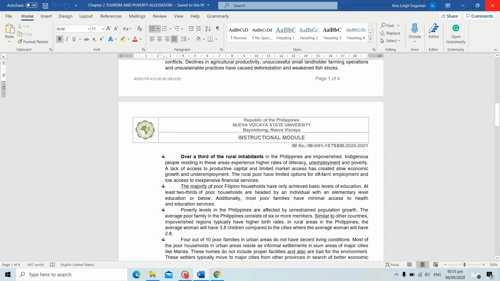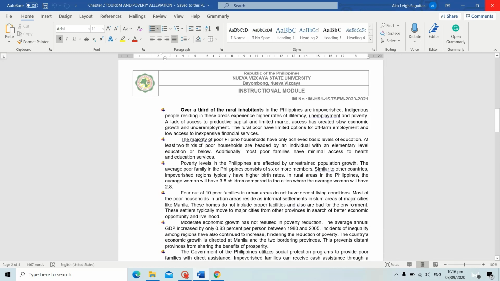Wala masyadong facilities na mahahanap sa rural areas na kagaya sa health facilities sa urban areas. Another, sa rural areas kasi, nasanay yung mga ninuno natin, the traditional people of the Philippines, yung suburban. So maybe those are some of the reasons why most poor families have minimal access to health and education services.